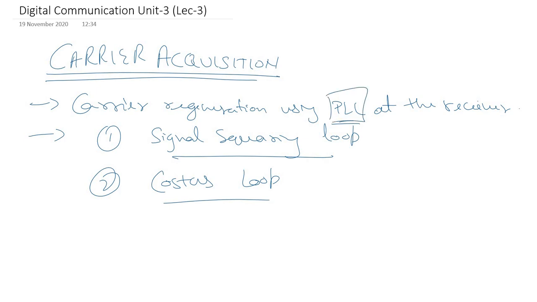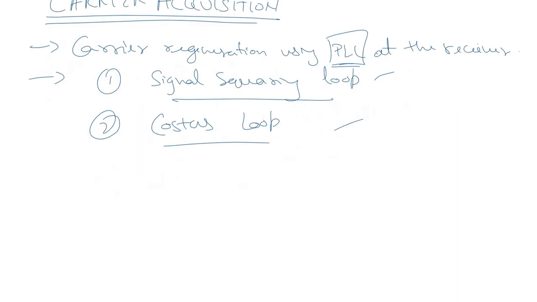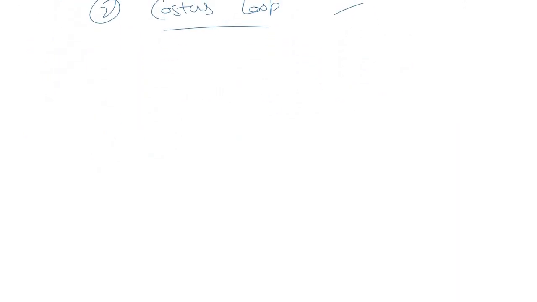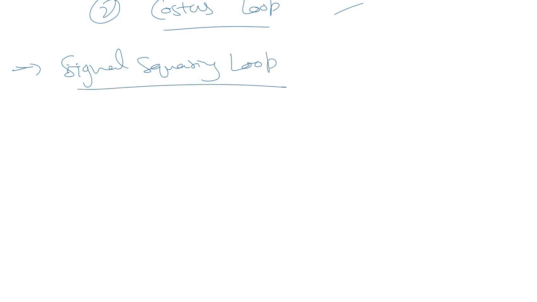So we'll have a look at both these methods one by one. First we'll begin with the signal squaring loop. So I'll first draw the block diagram for this method, and then I'll discuss it in detail.